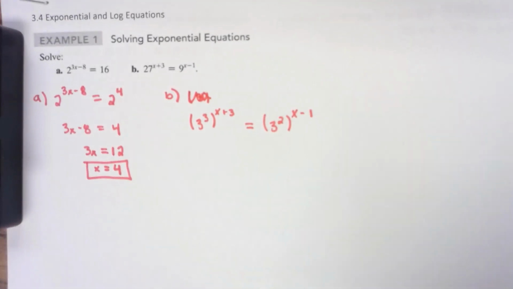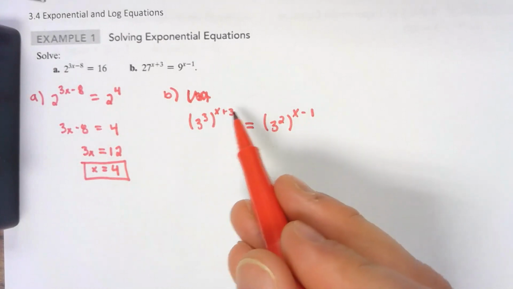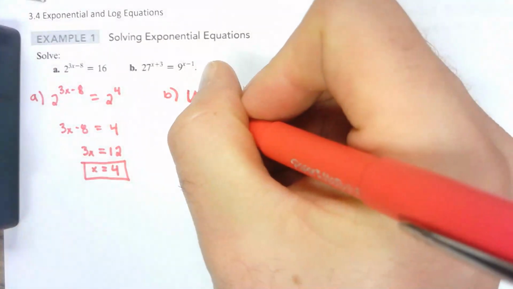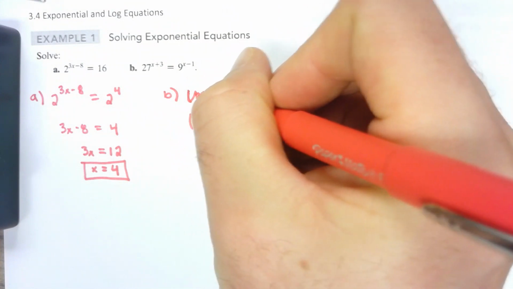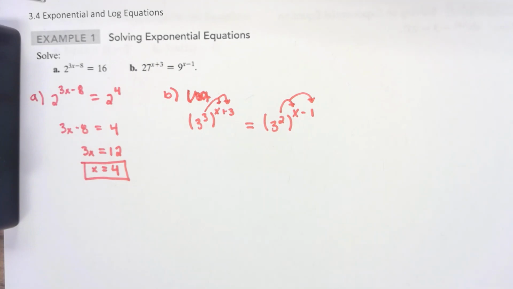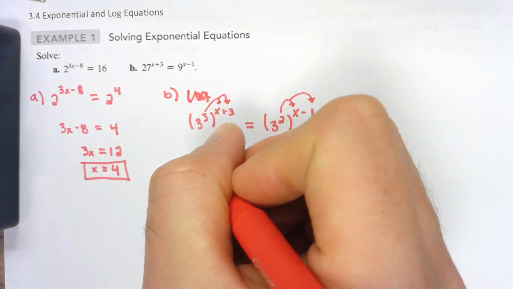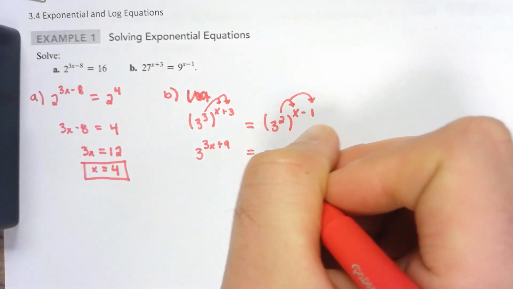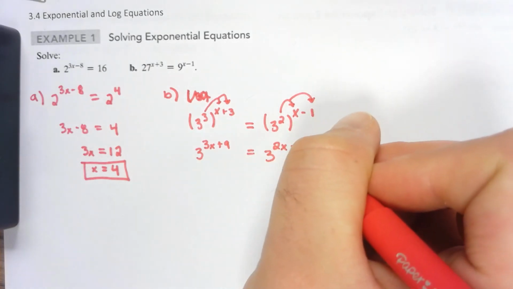And so now this brings up an exponent property: when we have one exponent raised to another exponent, we multiply those exponents. So this 3 is going to distribute to the x and the 3, and the 2 is going to distribute to the x and the negative 1. So this becomes 3 to the power of 3x plus 9, and it equals 3 to the power of 2x minus 2.